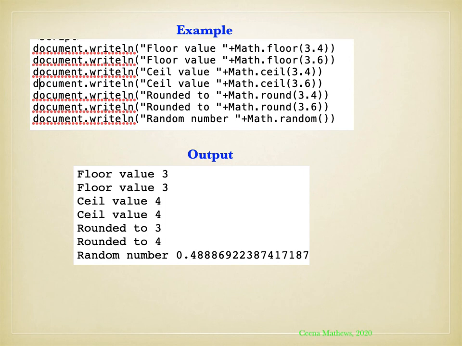Okay, it will be randomly generating any number. This time it is printing 0.4. Next time it may be giving a different output. Each time when you run this program, it will be generating a different value.